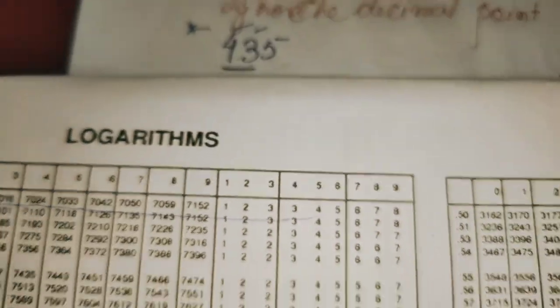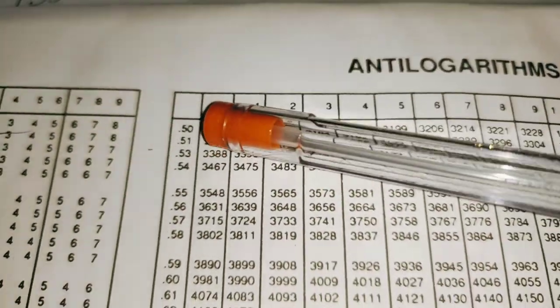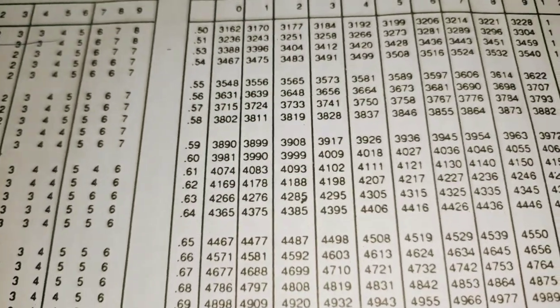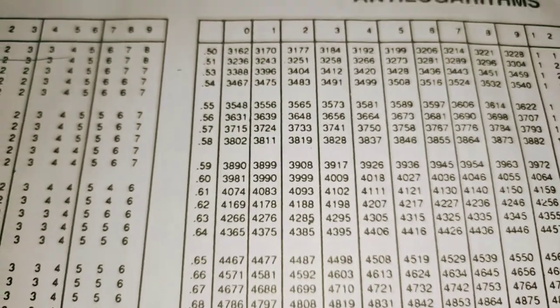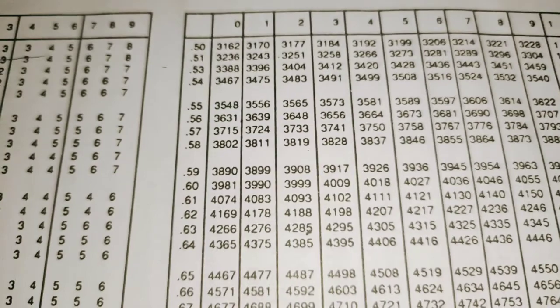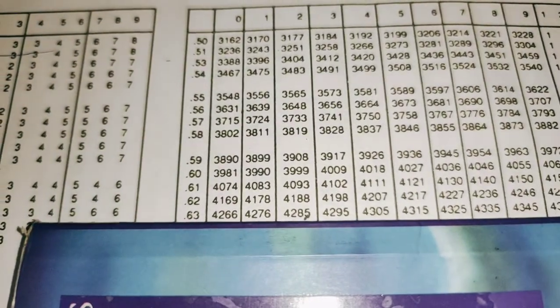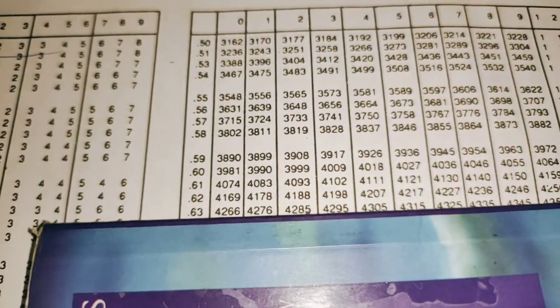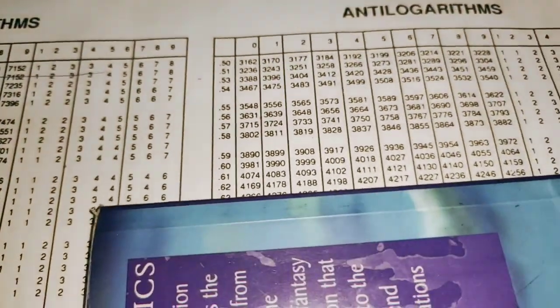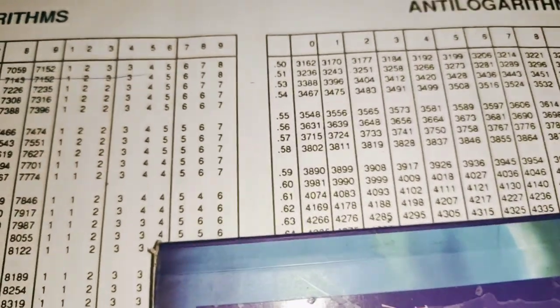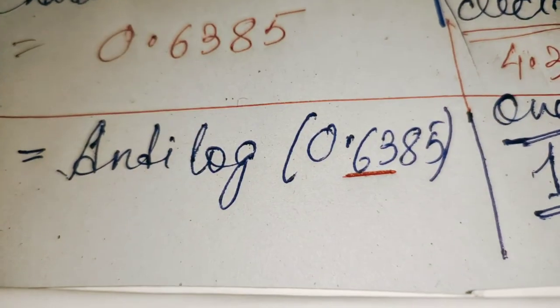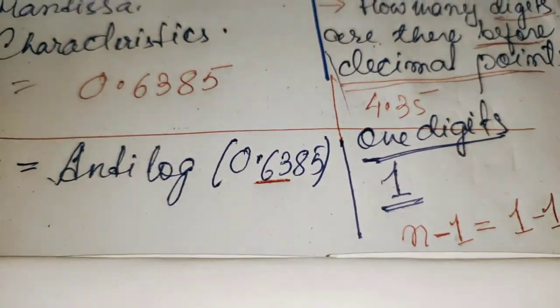So next we will start here from 0.50 and it goes on. This is your 0.63. Once we get 0.63, what we will do? We will put a scale or any book which can cover the other values below 0.63. Above is not needed.